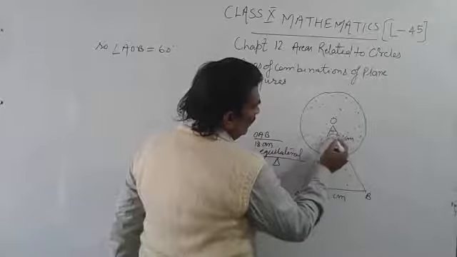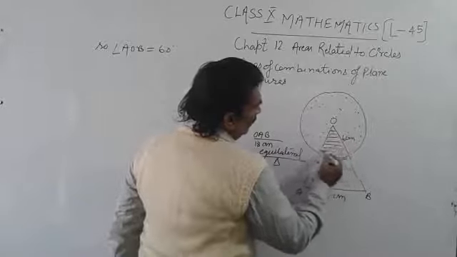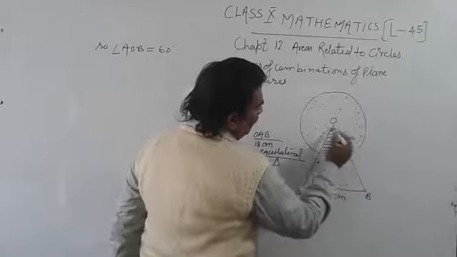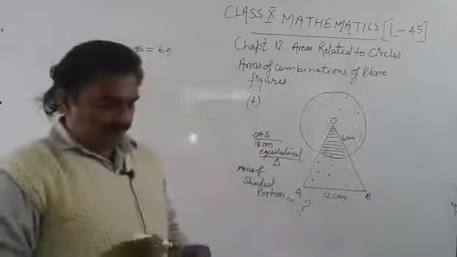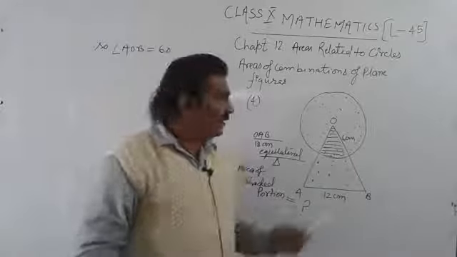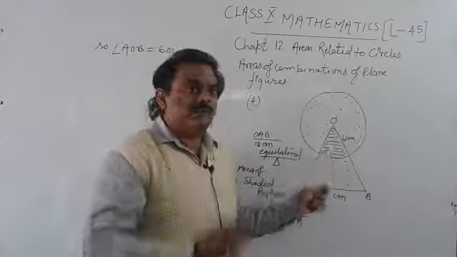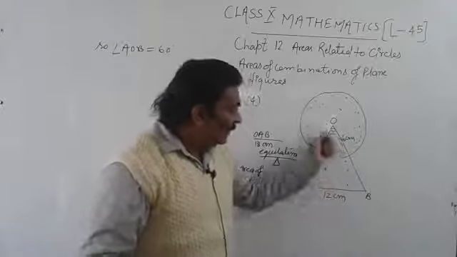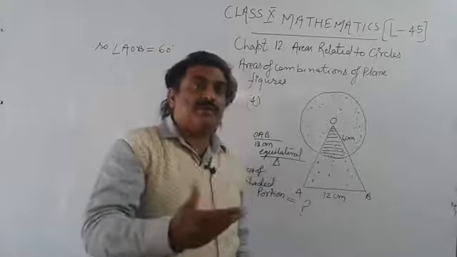Students, this is the region which is common between the circle and the triangle. If we find the area of the circle, then this portion is included, and if we find the area of the triangle, then again this portion will be included.